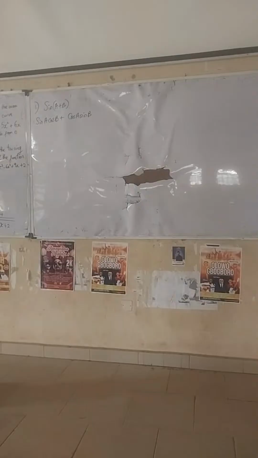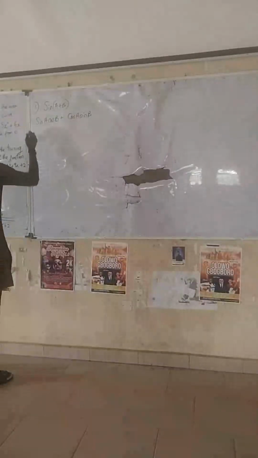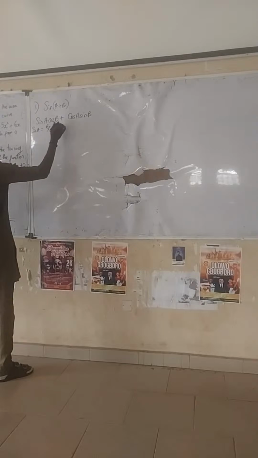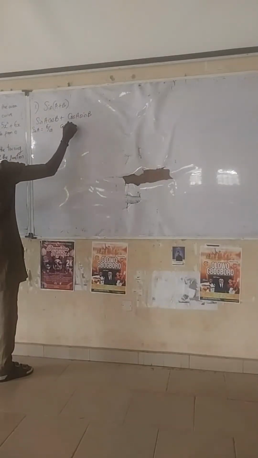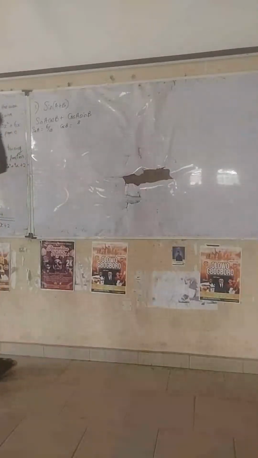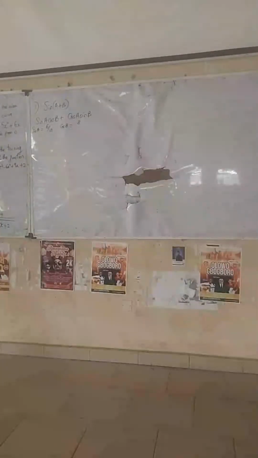Now, we are given that sine A is 6/10, while cos B is 8/10. Sorry, I wrote the wrong question.